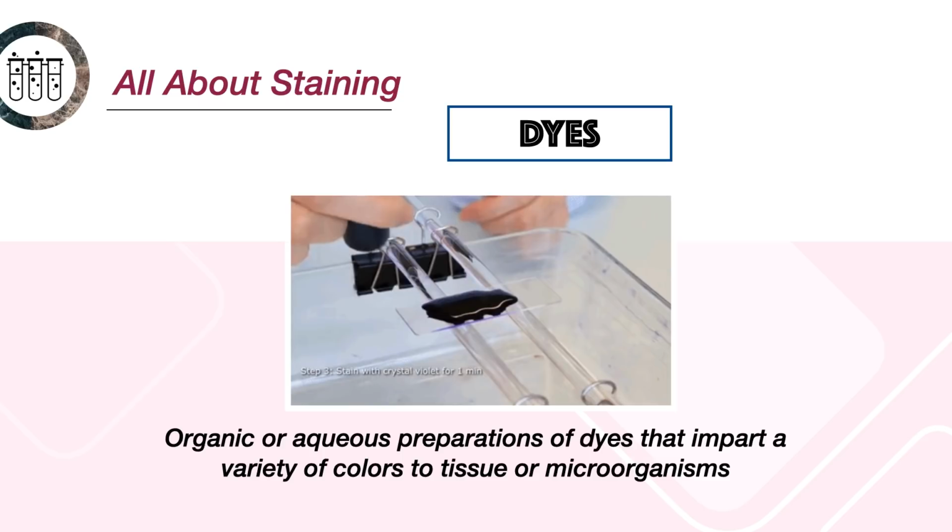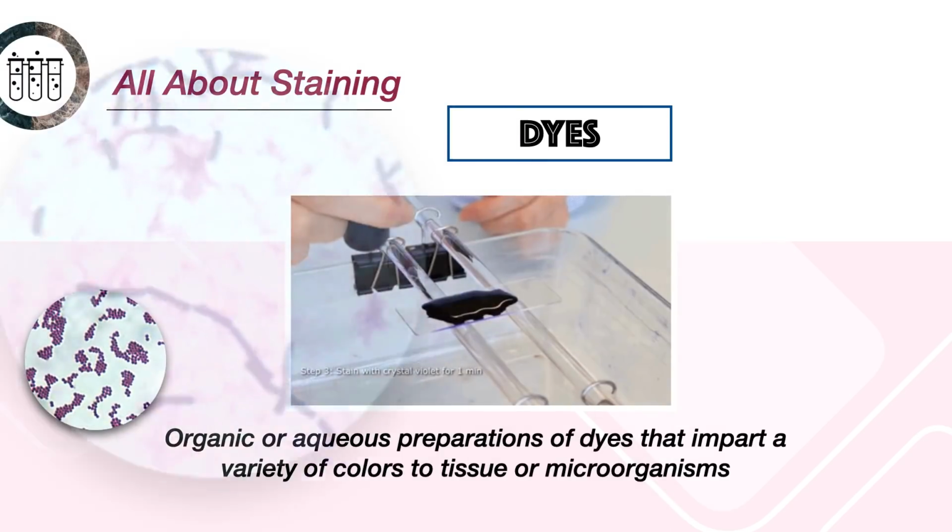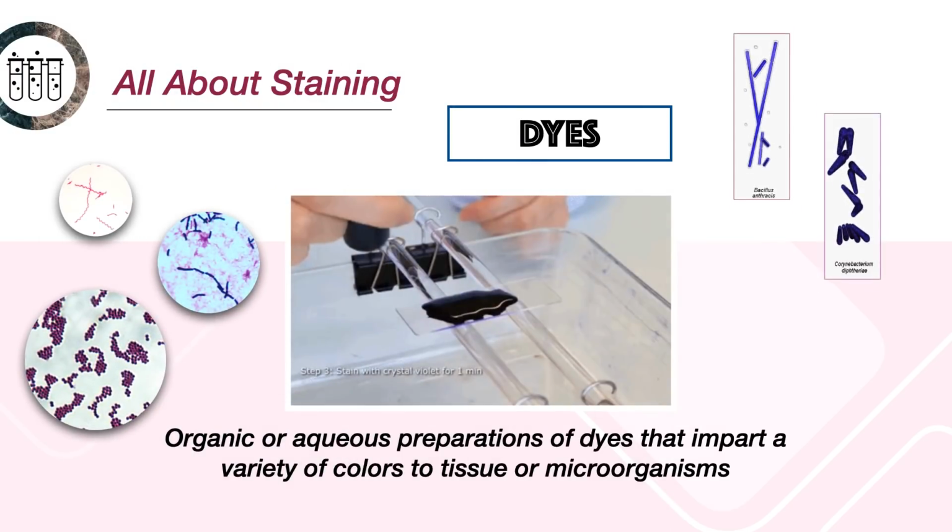The stain that you would need to use will vary depending on the factors involved. It could be on what you want to determine. Do you want to know how they look, what their shape or arrangement is?